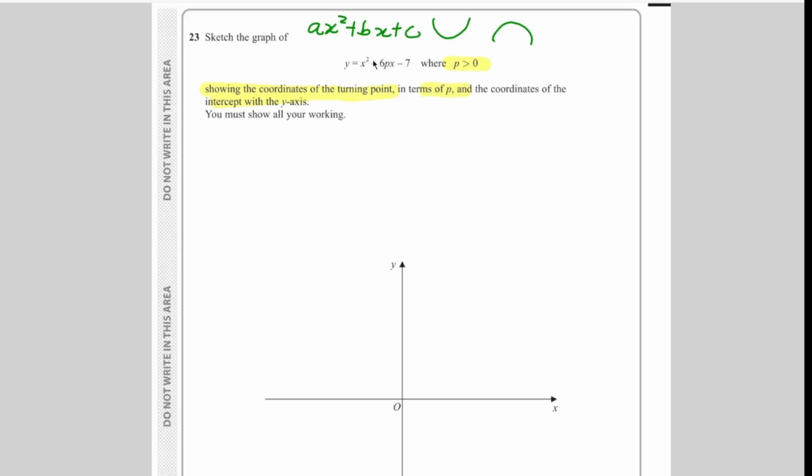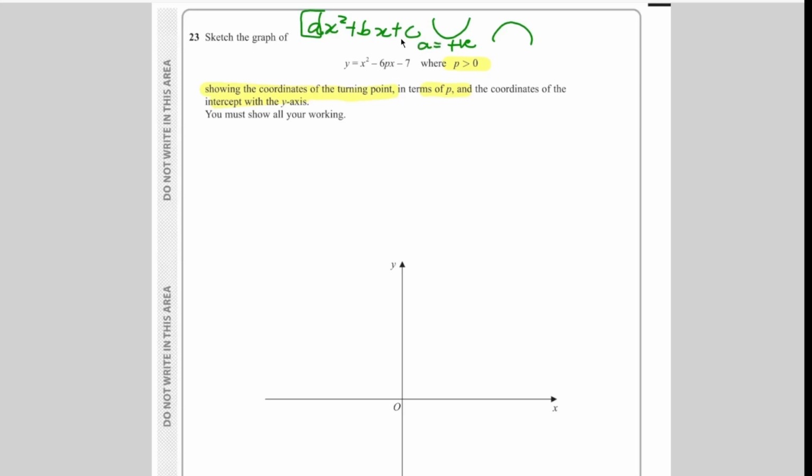You need to decide whether A, the coefficient in front of x squared, is negative or positive. If the value of A is positive, let's say A is 3, then it is happy.